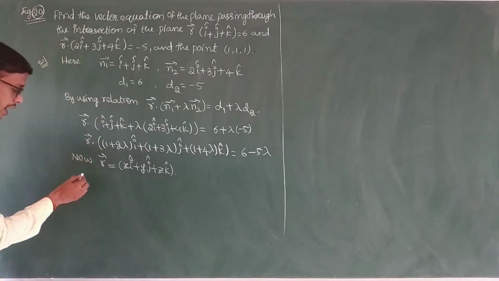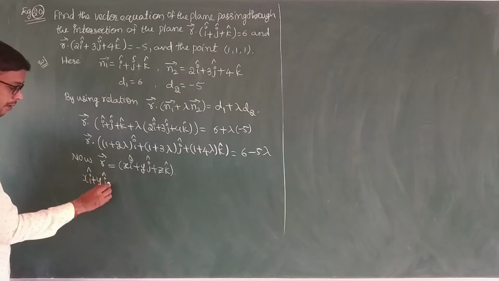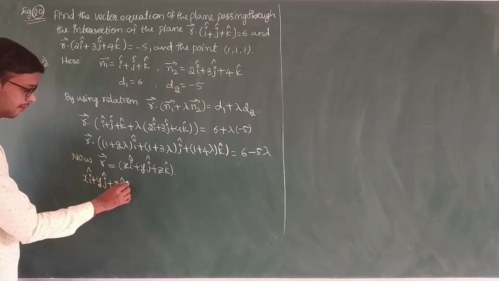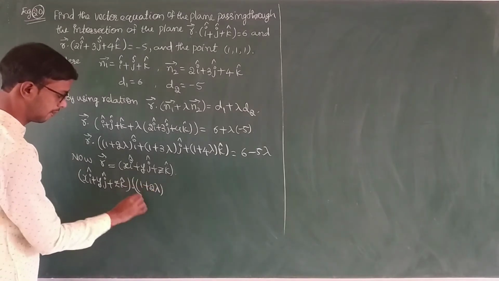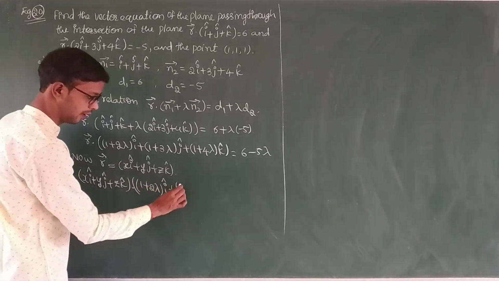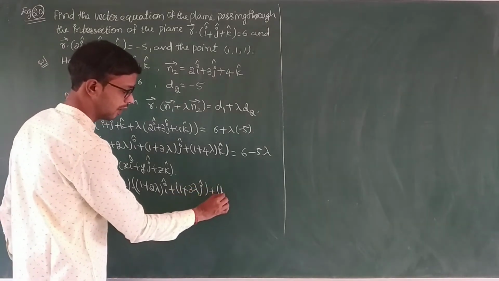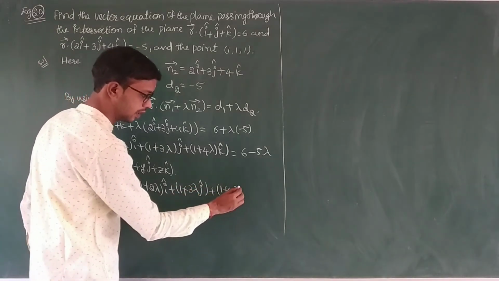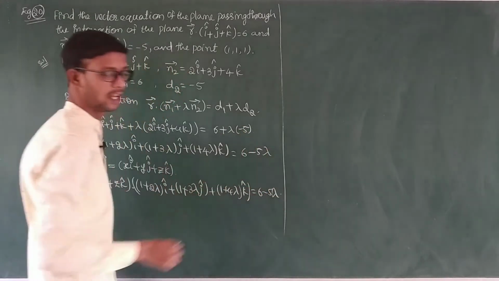For that purpose only we are writing X I cap plus Y J cap plus Z K cap dot product with (1 plus 2 lambda) I cap, (1 plus 3 lambda) J cap plus (1 plus 4 lambda) K cap, 6 minus 5 lambda.